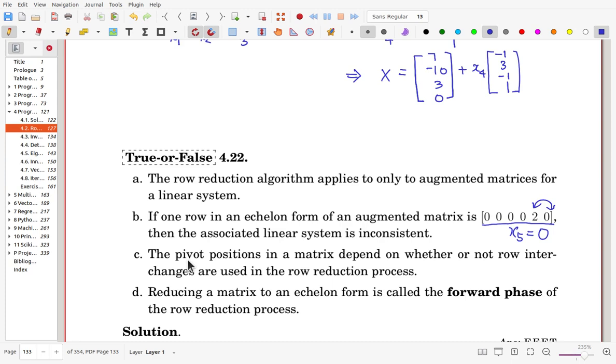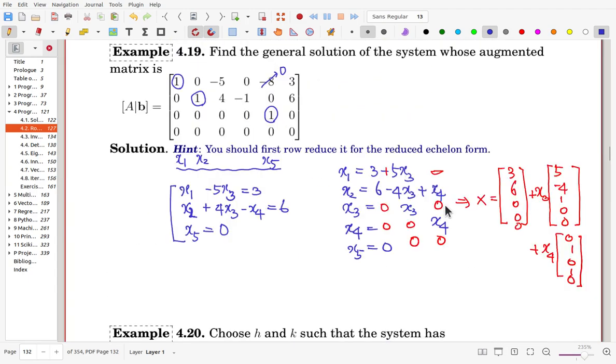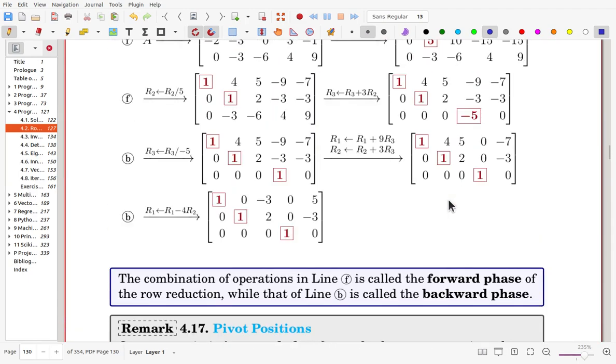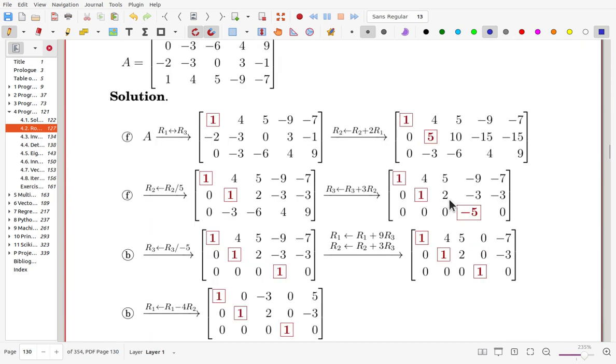Reducing a matrix to an echelon form is called the forward phase of the row reduction process. Is it true? Yeah, it is true. In the row reduction algorithm, from A we apply elimination row operations and reach an echelon form.